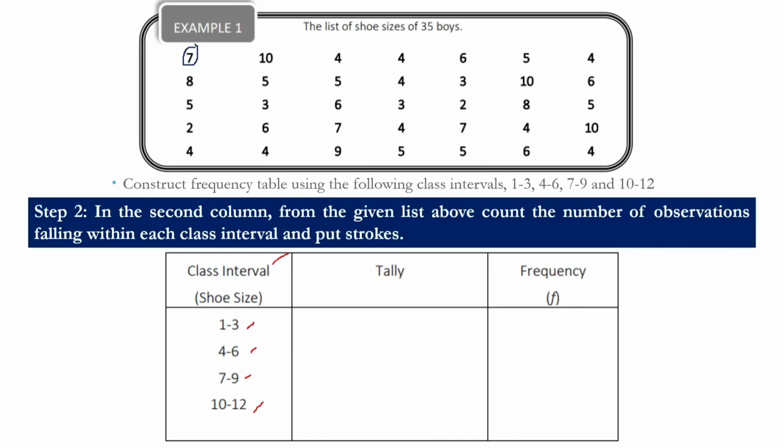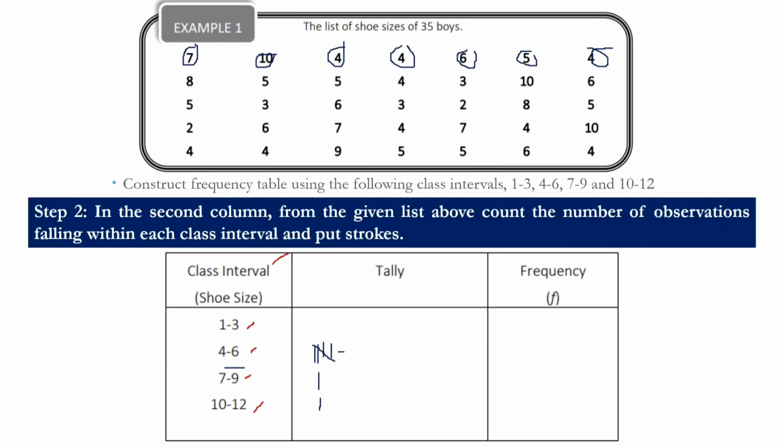It falls in the class interval 7 to 9, so we put 1 stroke. 10 falls in the class interval 10 to 12, so that is another 1 stroke for that interval. 4, 4, 6, 5, and 4 all fall in the class interval 4 to 6. So that is 1, 2, 3, 4, 5 strokes.